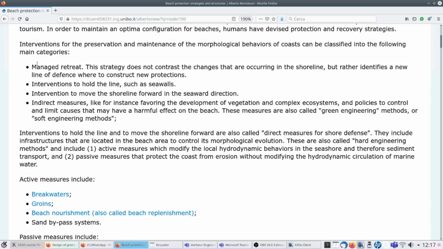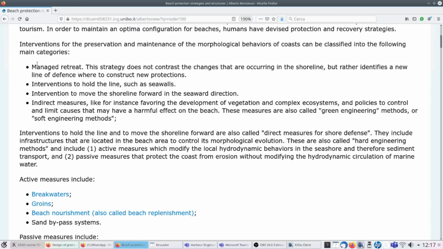Of course, there is not a unique recipe. We discussed four categories of interventions. If we exclude managed retreat, which is a particular case, for the other three categories there is not really a unique recipe. And very often the ideal solution is a mix of methods.